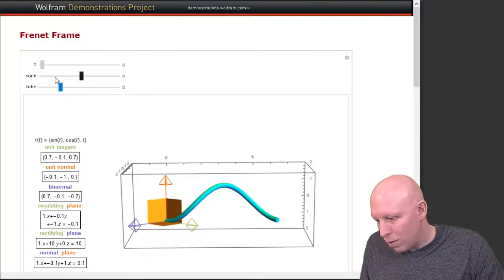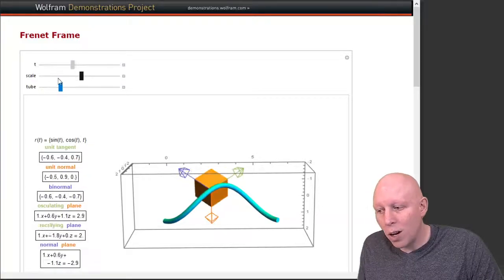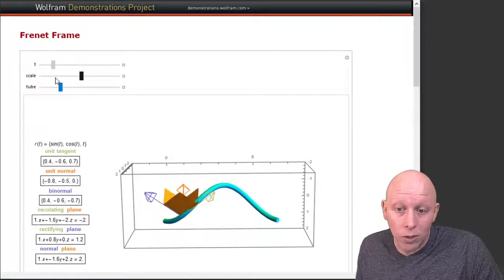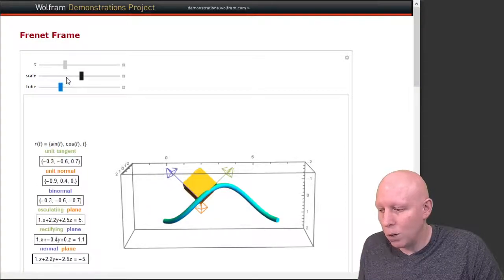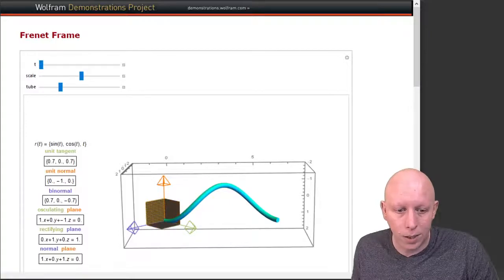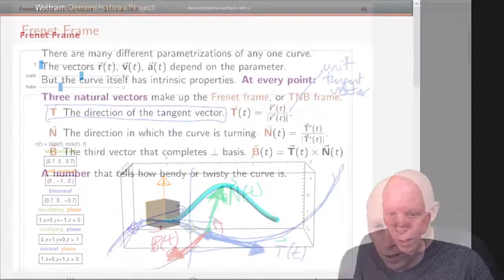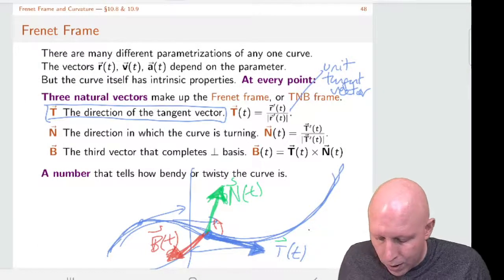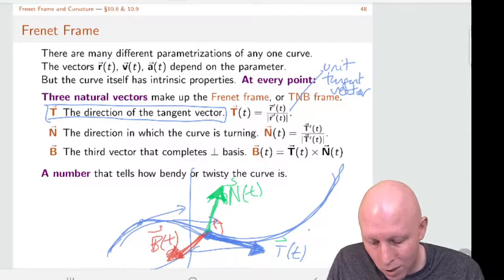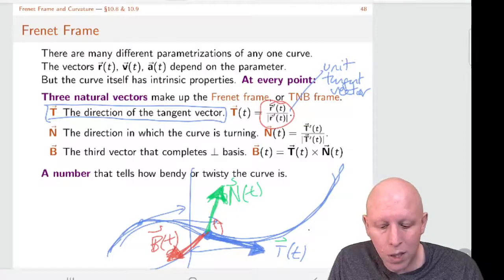And then the purple vector corresponds to the cross product of those two. If you take the green vector cross the orange vector, you get the purple vector. All right, so that's how you can calculate these. You calculate r primed of t divided by the length of r primed of t.